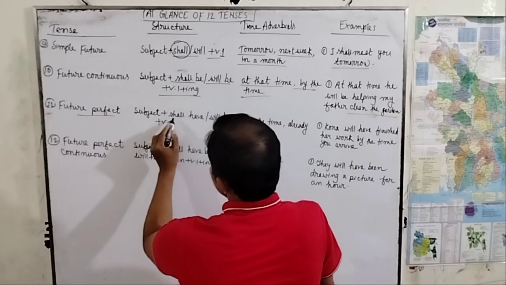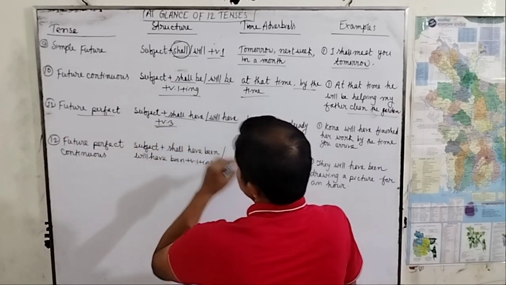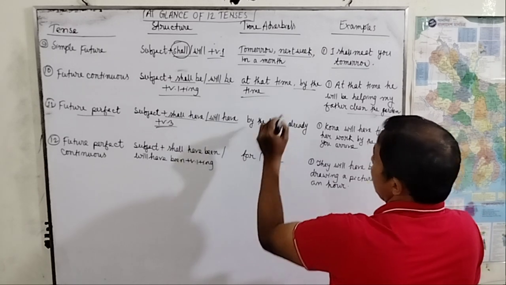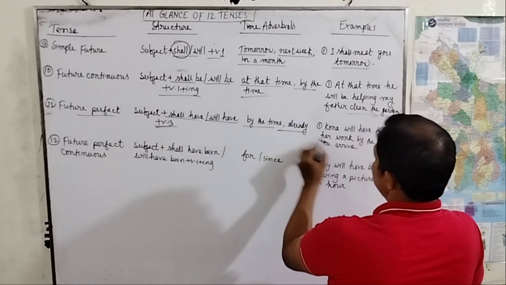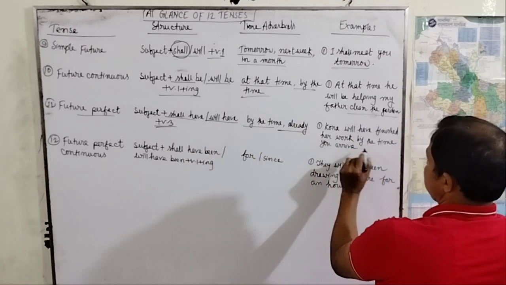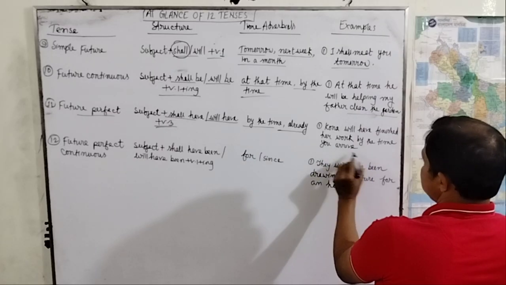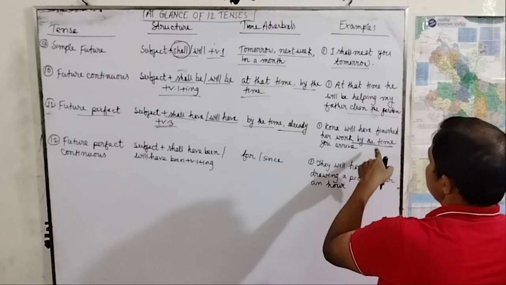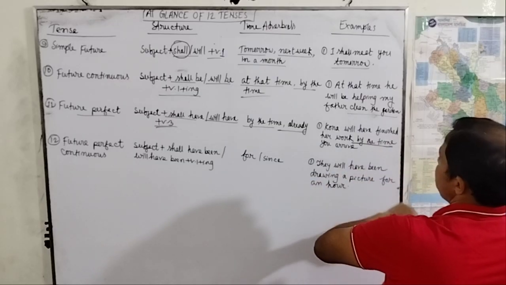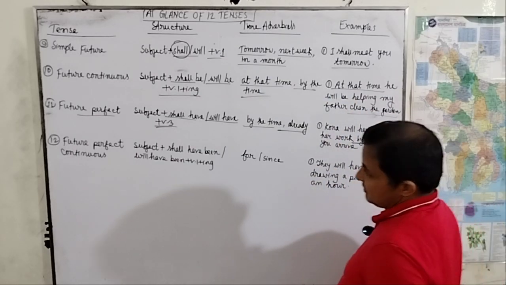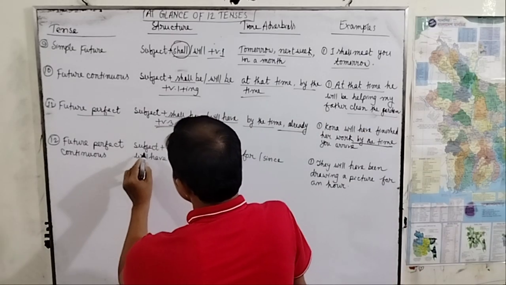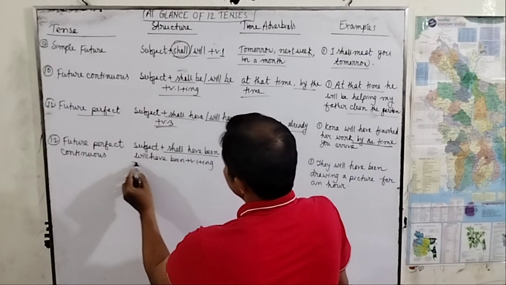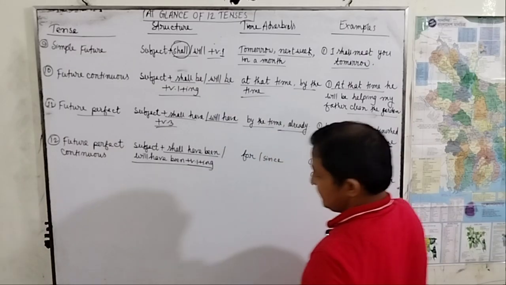Future perfect: shall have, will have plus B3. And the time adverbials: by the time, already. Kona will have finished her work by the time you arrive. Now here is the time adverbial. And future perfect continuous: subject plus shall have been, will have been B1 plus ing.